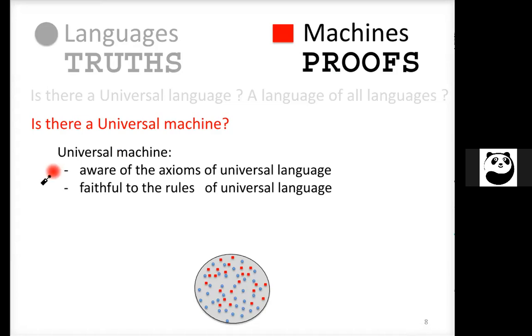It is aware of the axioms of the universal language, and it's faithful to the rules of the language. It doesn't make any mistakes. Very important to notice that the axioms and the rules are finite and unambiguous. And notice here that I'm using universal language with small u, because we already decided that we don't have a universal language with capital U or absolute.